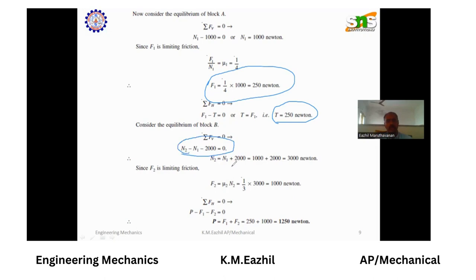We identified the value for N1 in the above equation. By substituting the known values, we get N2 as 3000 Newton.